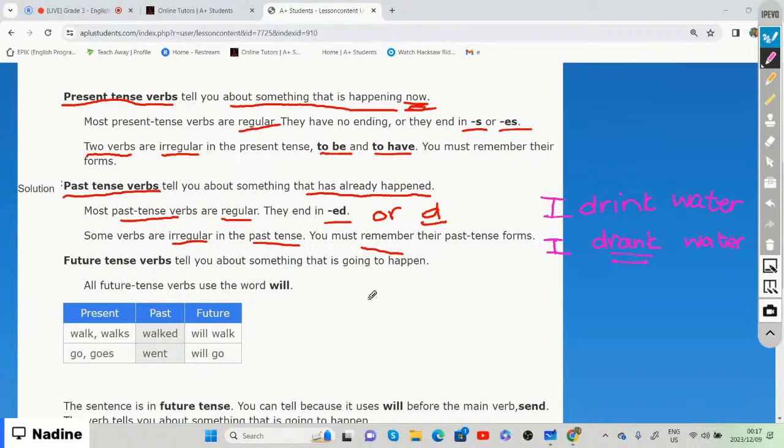So drink is the present, and drank is the past. So drank is the past and it is irregular, because as you can see, that letter changed.